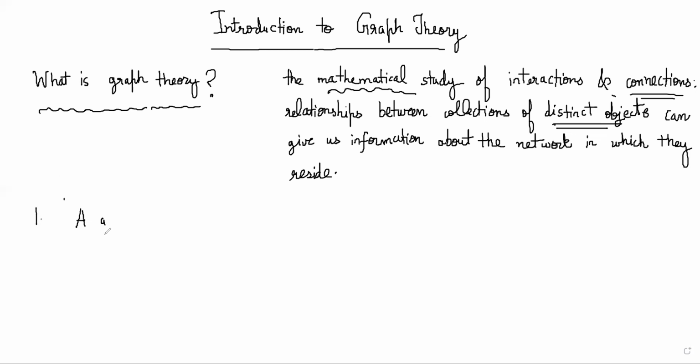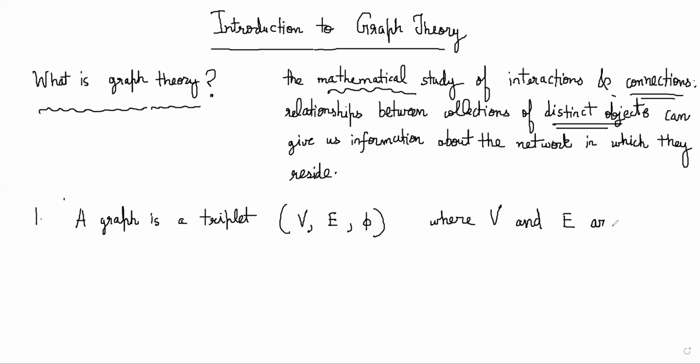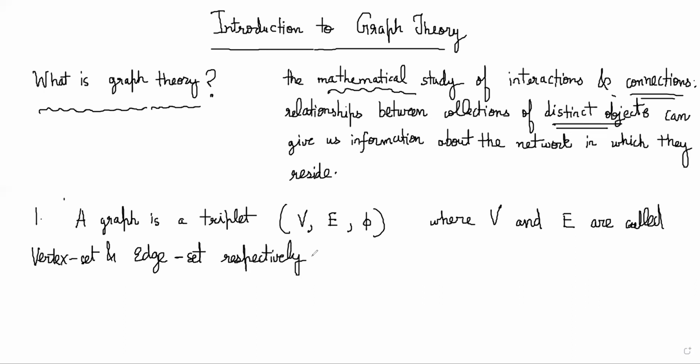A graph is basically a triplet, like V, E, and phi, where V and E are called the vertex set and the edge set, respectively.